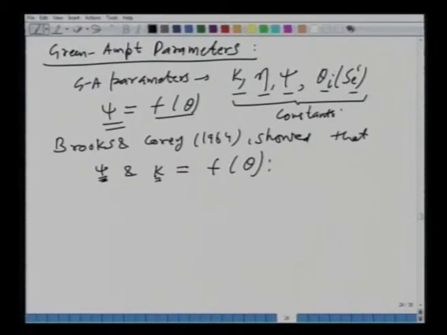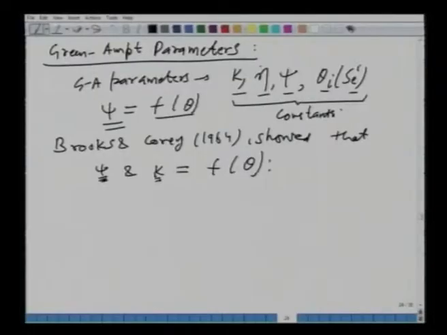Then we moved on and we started looking at the Green-Ampt parameters. Okay. Any mathematical model we have, it involves various parameters which need to be calibrated or the values of which need to be found out. Similarly, for the Green-Ampt parameters, we said there are 3 or 4 calibration parameters which are involved in it.